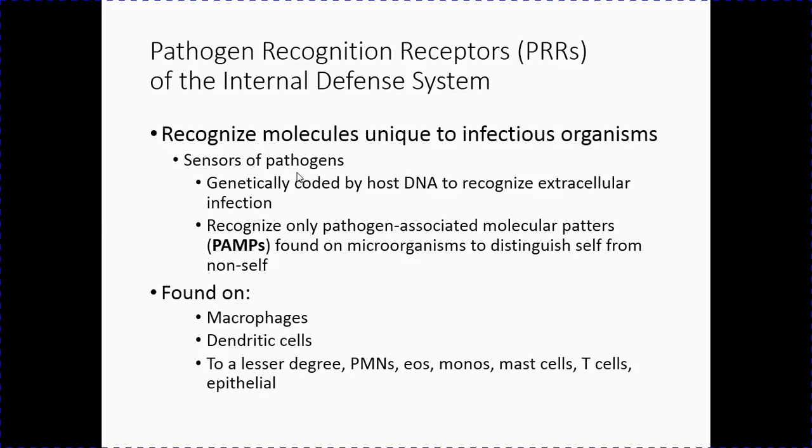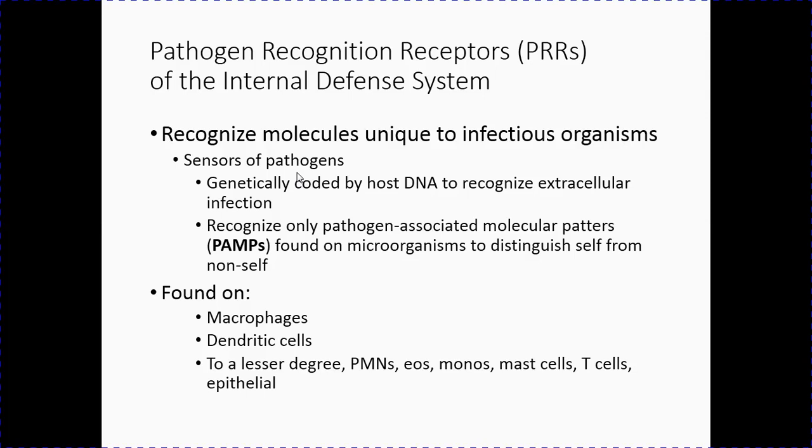It's a genetic coding. And PRRs recognize only molecules that we call PAMPs, P-A-M-P-S, or pathogen-associated molecular patterns. I can see a typo there. That should be patterns, not patterns. I thought I corrected that.